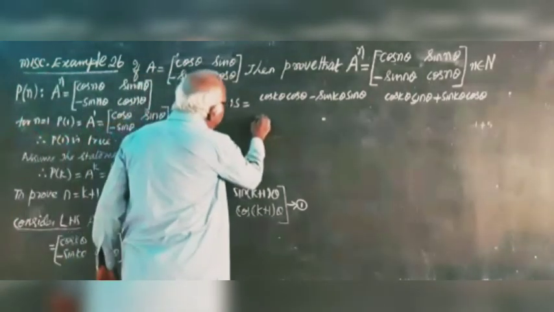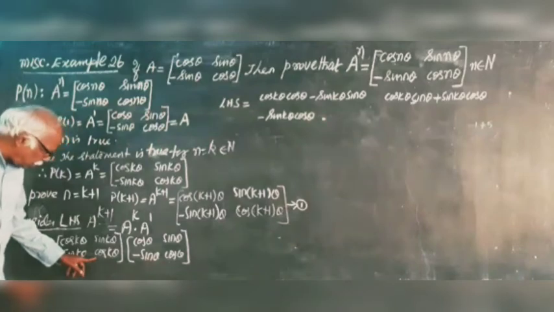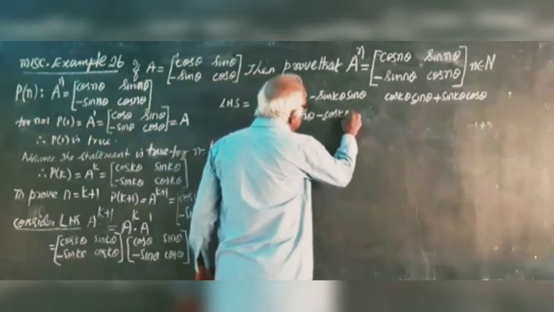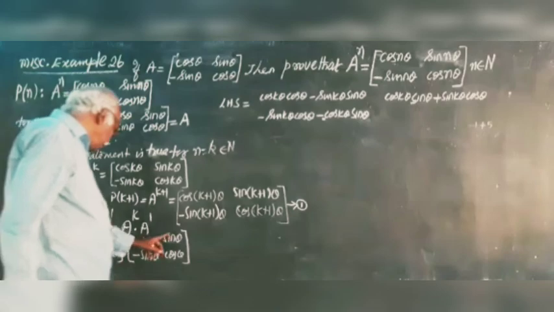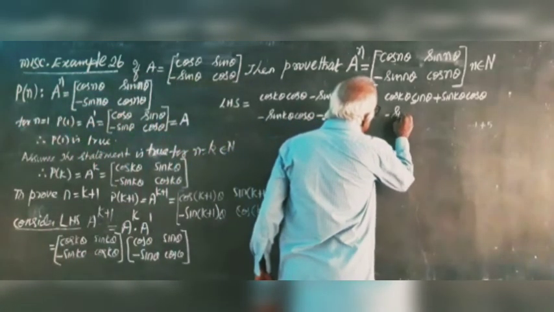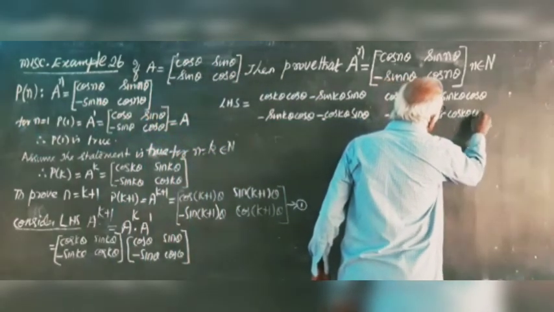Second row, first column: minus sin k theta into cos theta, minus cos k theta into sin theta. Then second row, second column: minus sin k theta into sin theta plus cos k theta into cos theta.